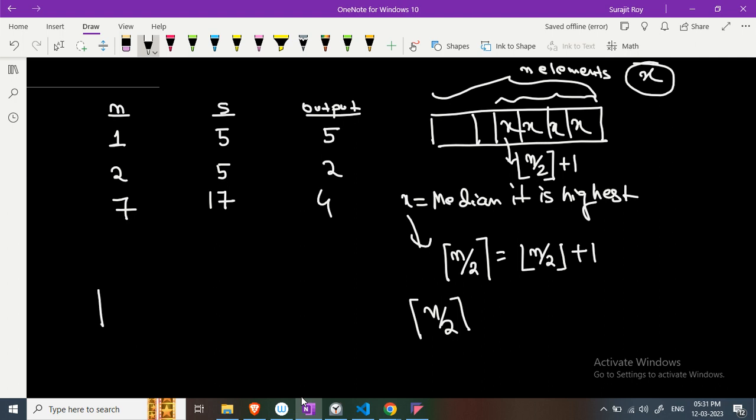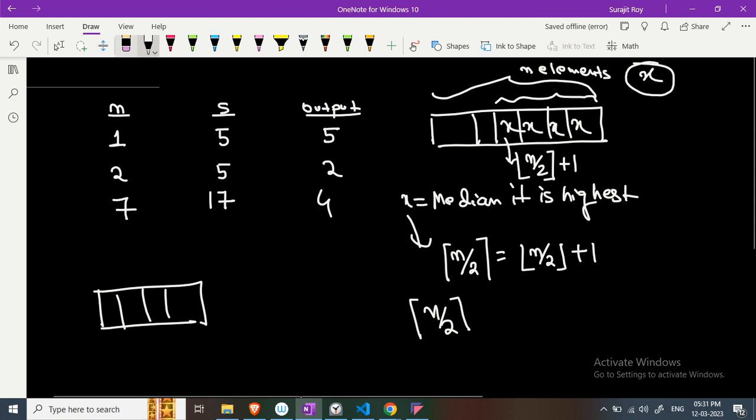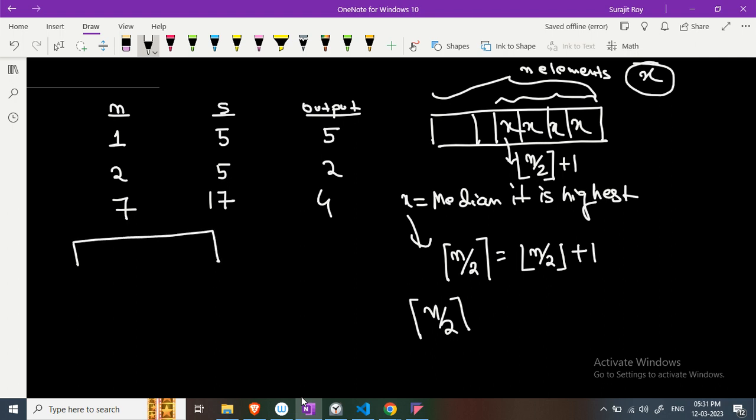What I am trying to say is, this is the array. Let's take this example: 7 and 17. So 1, 2, 3, 4, 5, 6, 7.